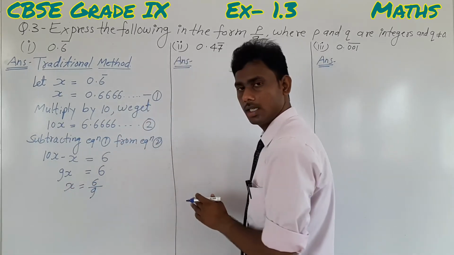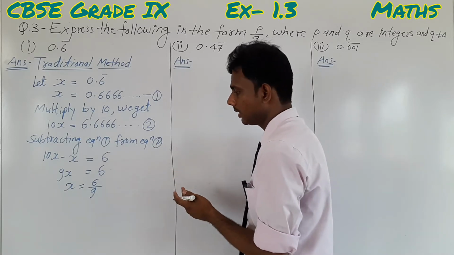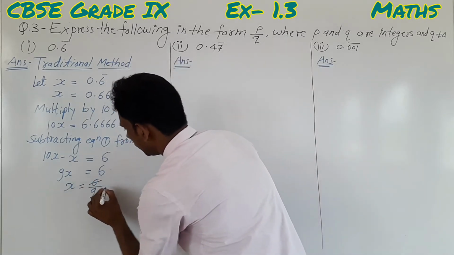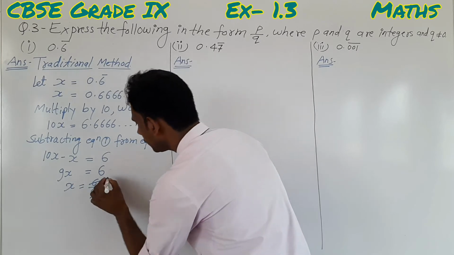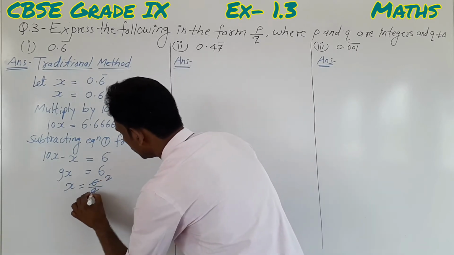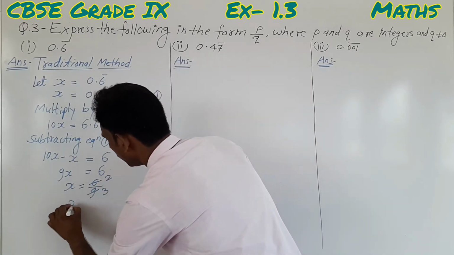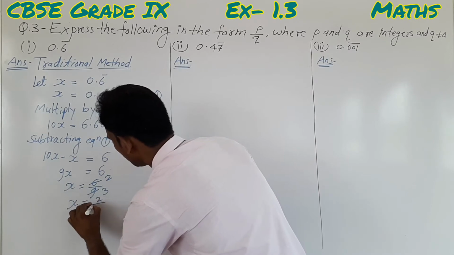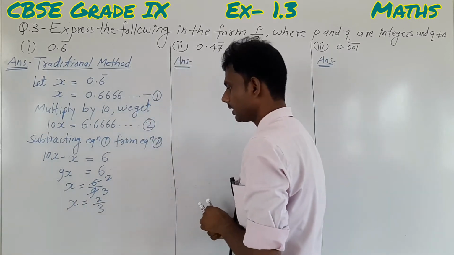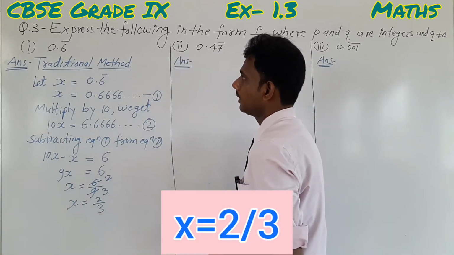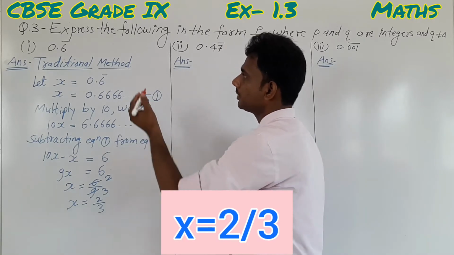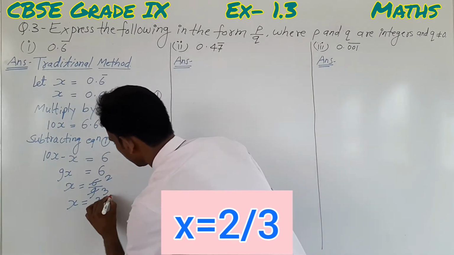If it is reducible, then you have to reduce it. It is reducible by 3: 3 twos are 6, 3 threes are 9. Therefore x is equal to 2 upon 3. This is the fraction form of 0.6 bar.